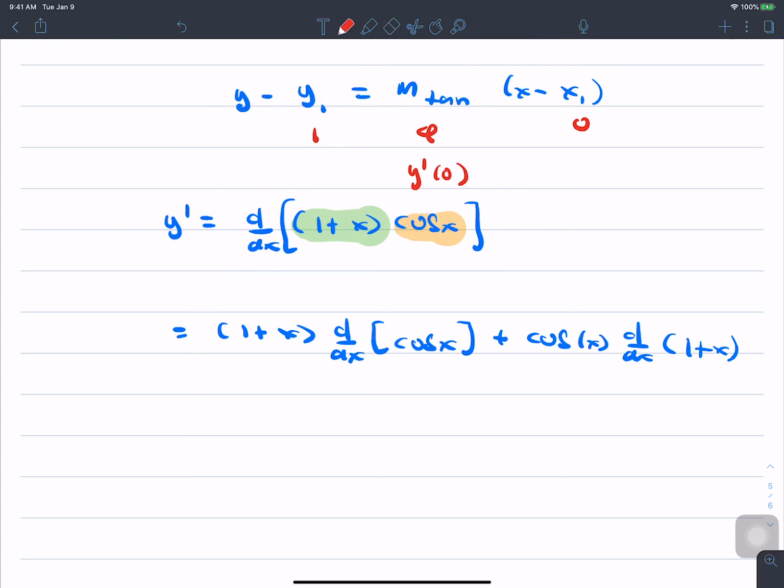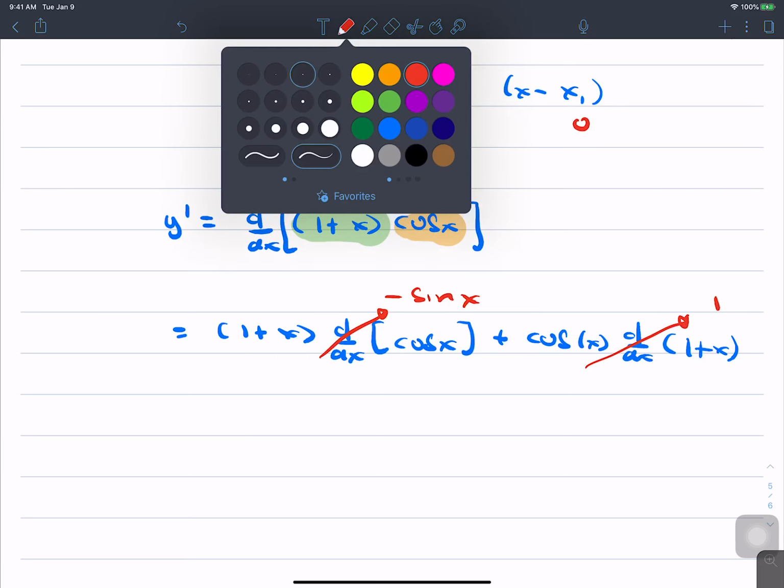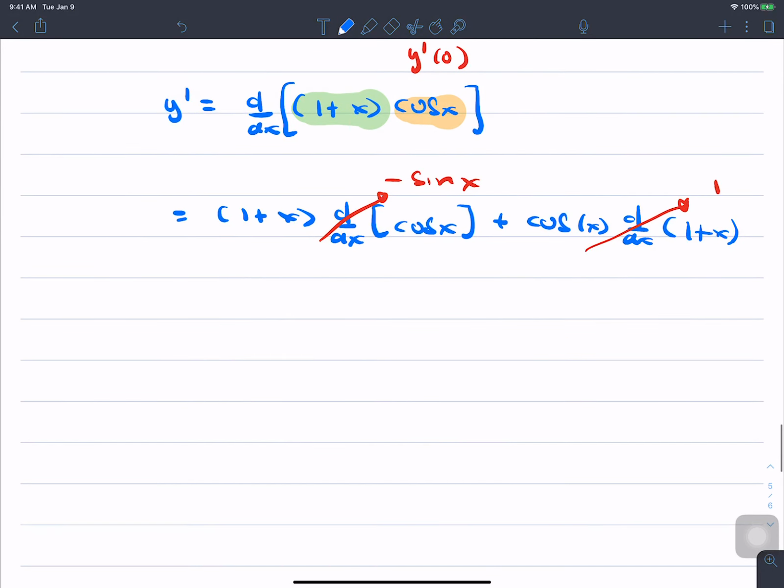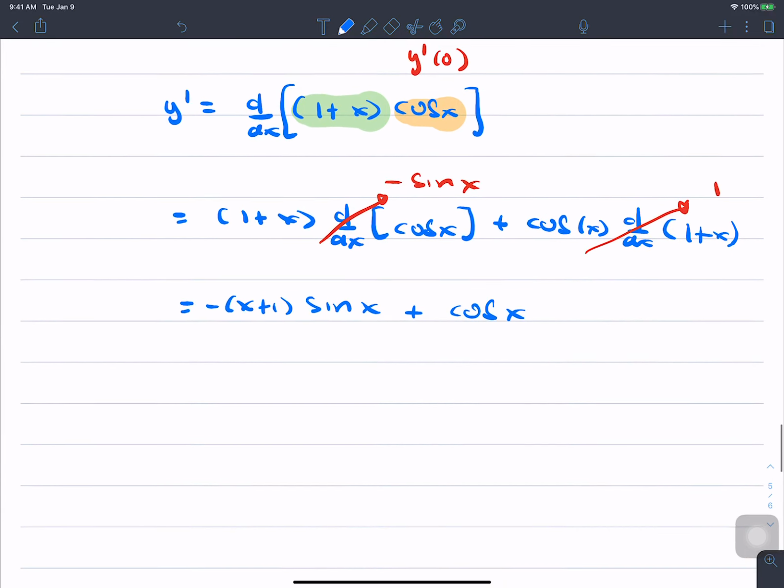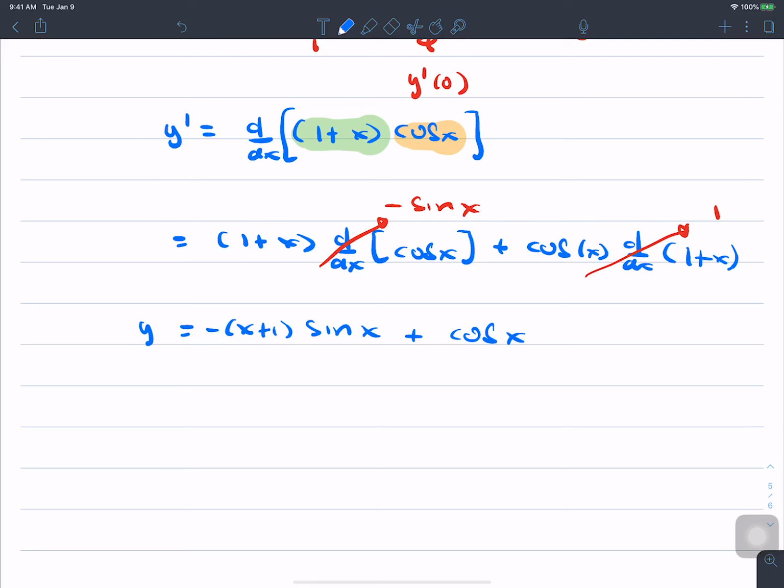Derivative of cosine is minus sine. Derivative of 1 plus x is 1. So you end up with x plus 1 times minus sine x, plus that cosine x, ladies and gentlemen. Okay, so here's y prime.